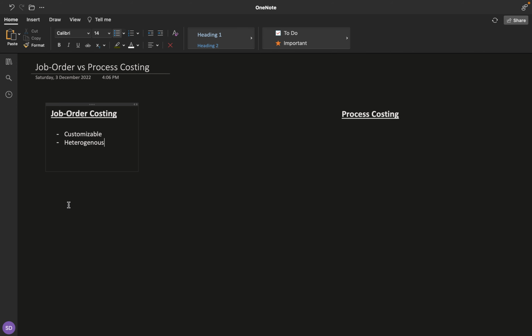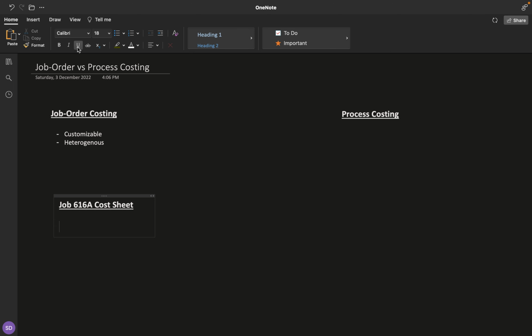All right, so we've already decided we're using job order costing. Now we have to present all of our production costs onto what's called a job order cost sheet. So it's really simple. We just have to give this job a name. Let's say job 616A cost sheet. All right.